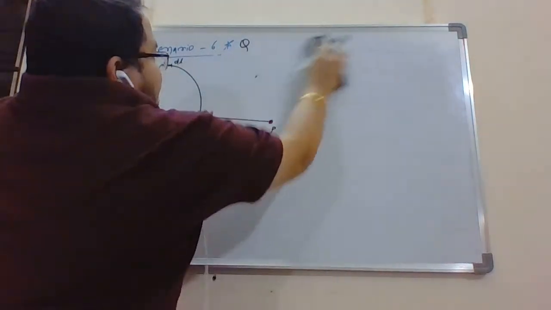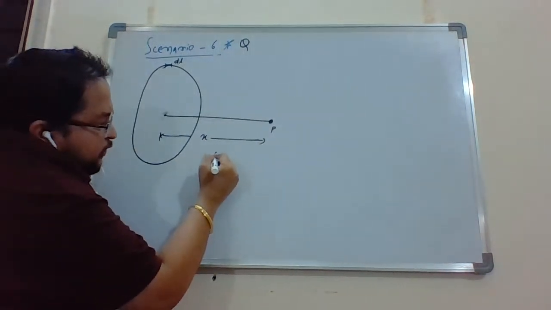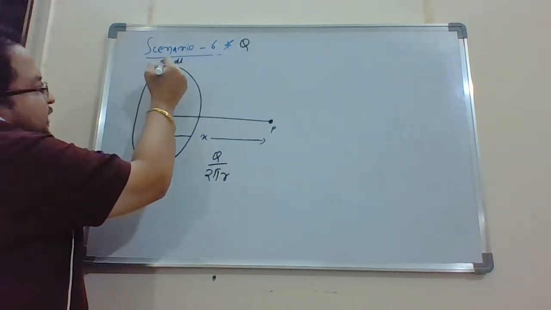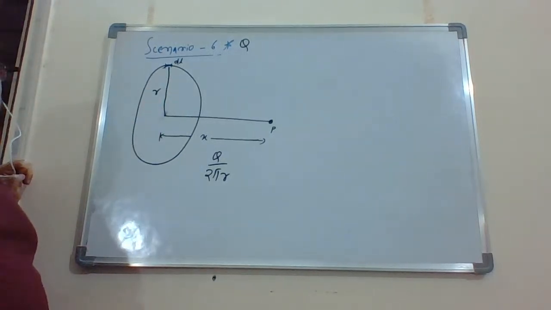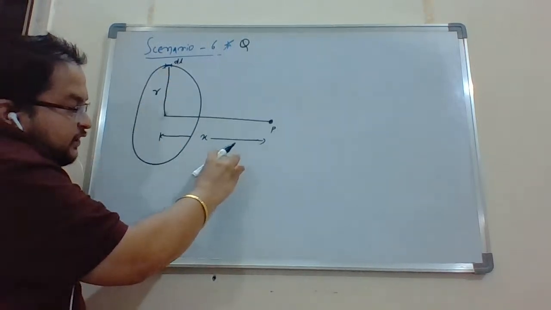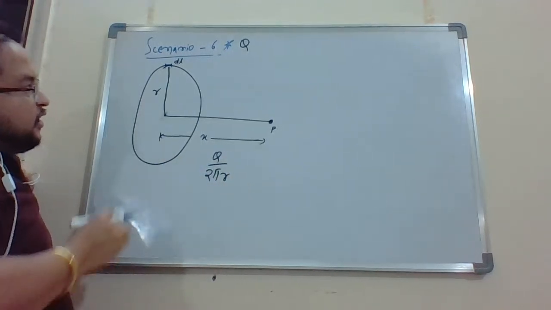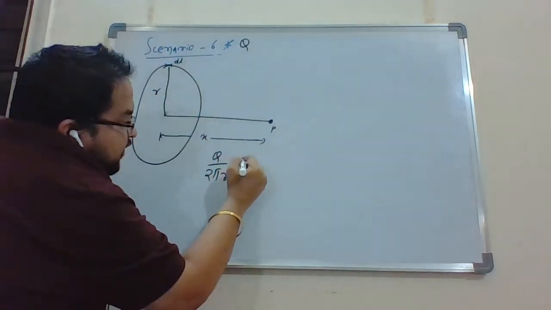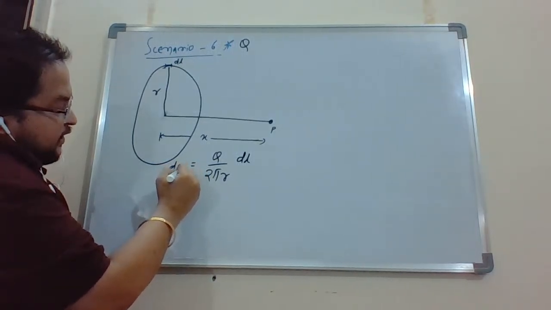If the total charge is q, can I say that charge per unit length will be q by 2 pi r, considering r as the radius of this ring? So charge on this small segment would be q by 2 pi r into dl. This would be nothing but my dq.